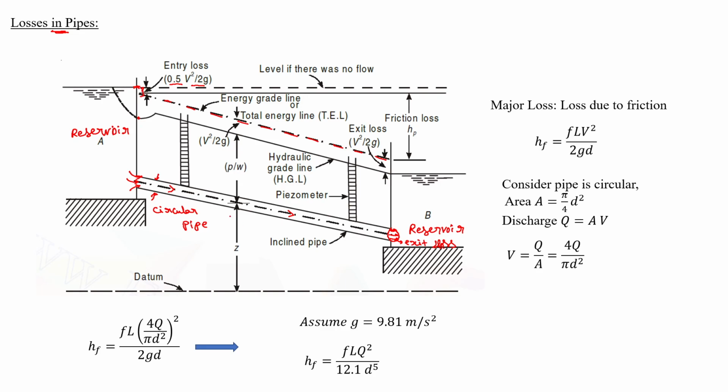This is a general case. When the flow takes place from reservoir A to reservoir B, it encounters multiple losses. In this case, particularly, it encountered an entry loss, a loss due to friction, and an exit loss. The entry loss and exit loss are termed minor losses.